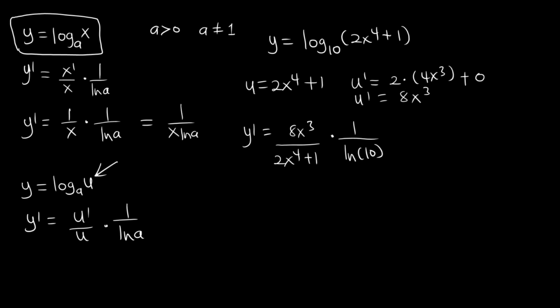So this will give us 8x cubed divided by 2x to the power 4 plus 1 multiplying ln of 10. So that will be the derivative of the function.